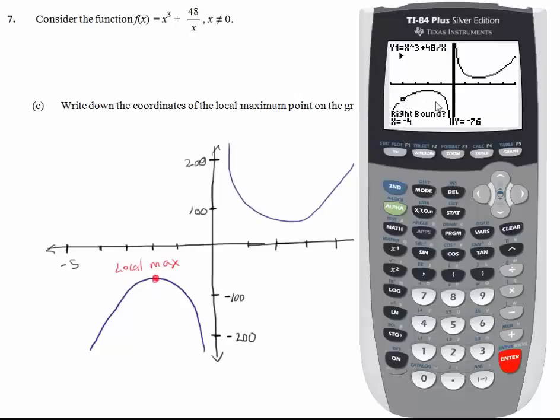I don't need to use the arrow keys to scroll back and forth, which sometimes can take some time. My right bound, -1, seems like a reasonable choice, and then my guess, somewhere between -1 and -4, I'll guess -3, and we find out the maximum is at -2 and -32. And again, the calculator is giving me a few decimal places, but we can see that really it should be -2.